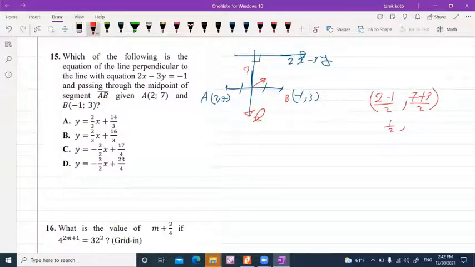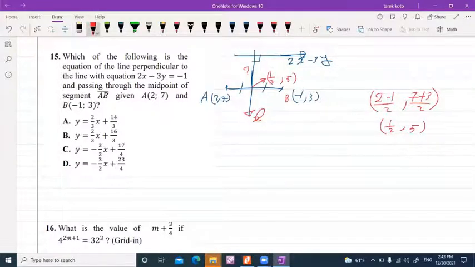And 7 plus 3 equals 10 over 2 equals 5. So this point equals half and 5.